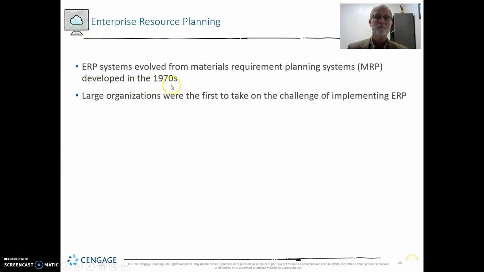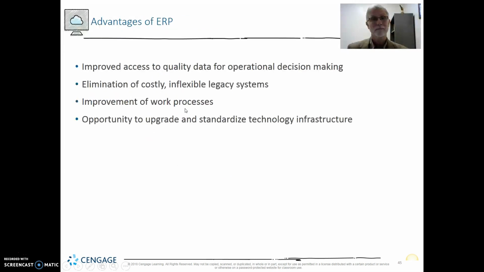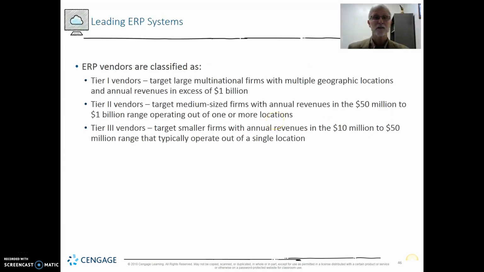So ERP systems have been around, and for larger systems there are benefits. I get access to quality data. I get rid of some of the old paper systems and improve work processes. There's an opportunity to change as technology changes. ERPs are classified into a couple of different tiers, and basically you can tell what they are: they're based on how big the business is.